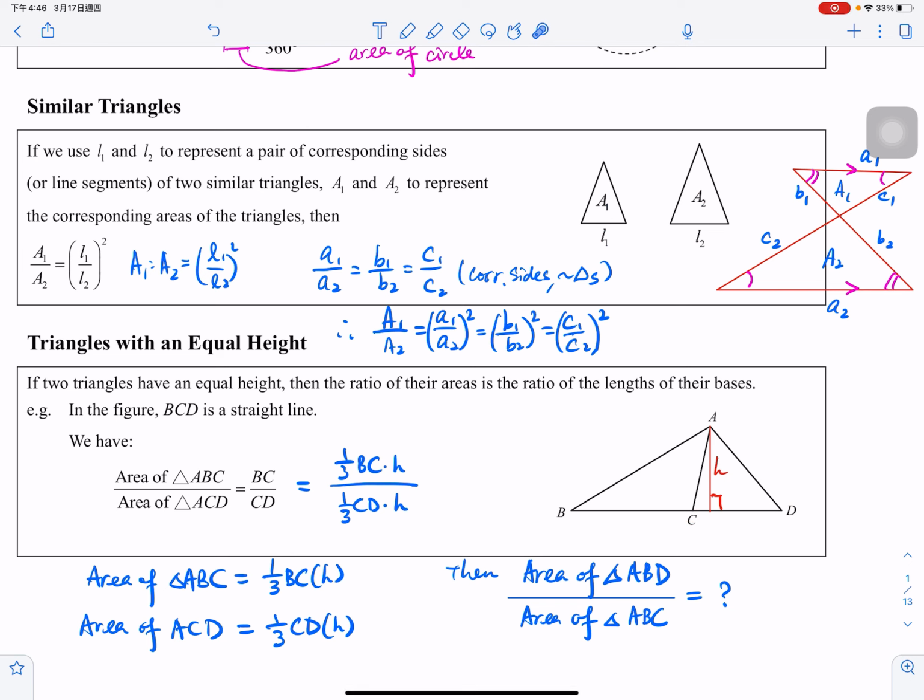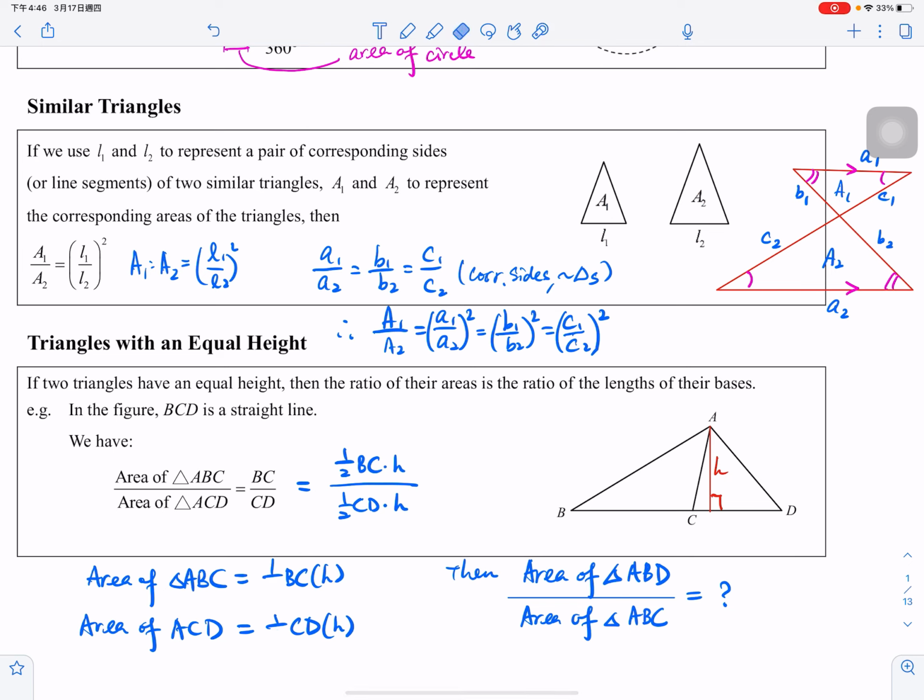So if you want to find the ratio of the areas, let's write down the areas. 1 over 2 times BC times h is the area of ABC, and 1 over 2 times CD times h is the area of ACD.